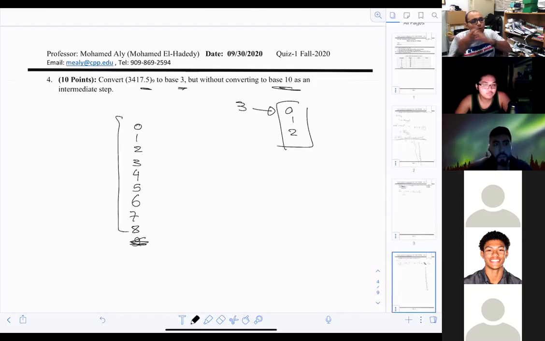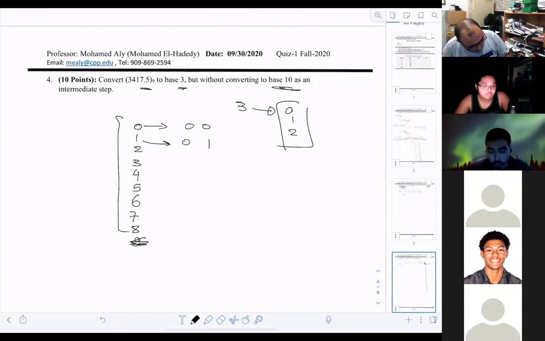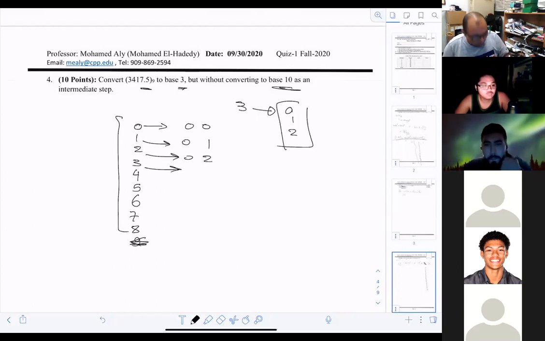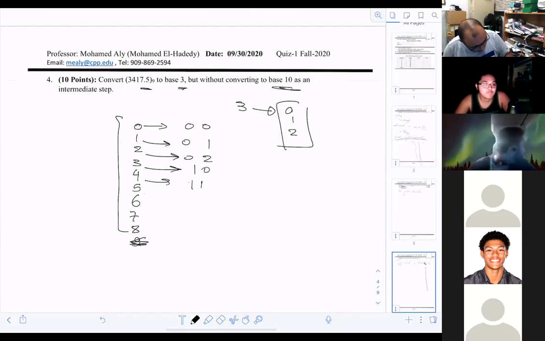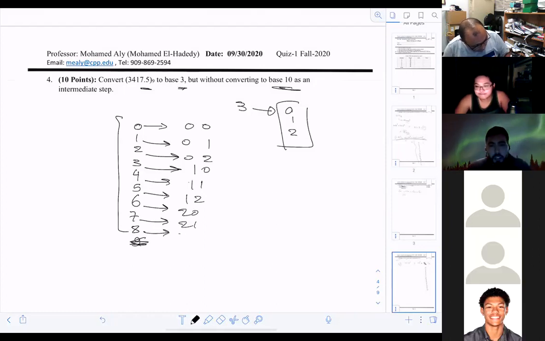Now I need to see the equivalency of them, so just count. Here, 0, 0. There, 0, 1. Here, 0, 2. After that, it's not 0, 3. It's going to be 1, 0. Then 1, 1. 1, 2. After that, 2, 0. 2, 1. 2, 2.